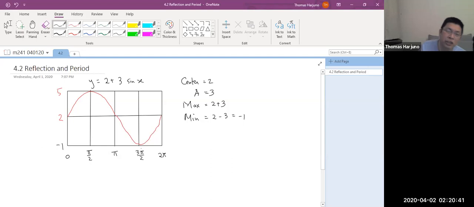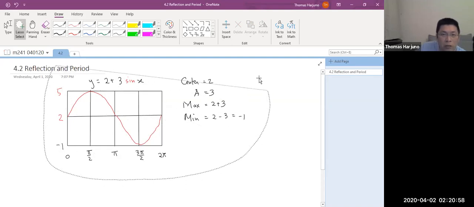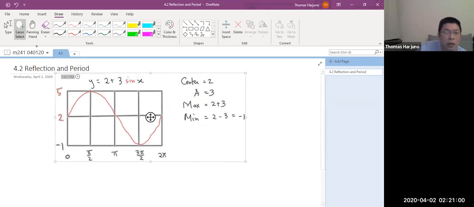Now, let's change this, instead of sine x, I want to change this to cosine x. So I will take the whole thing here. Okay, and then I copy that.